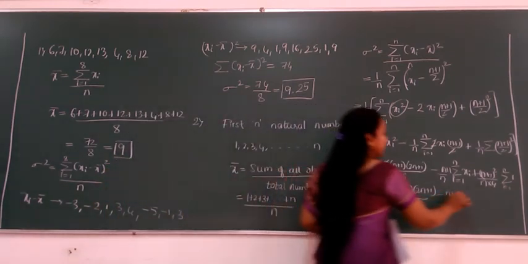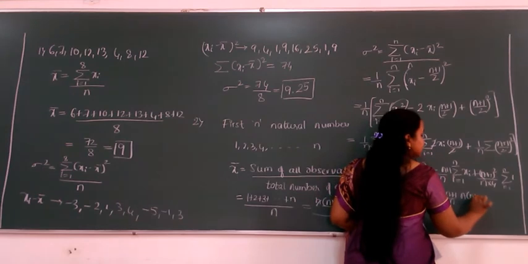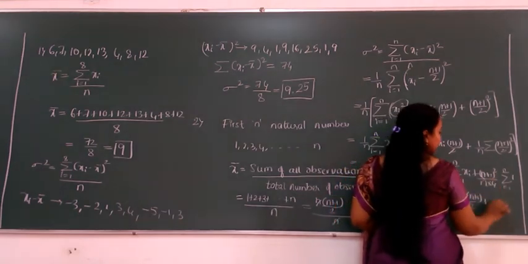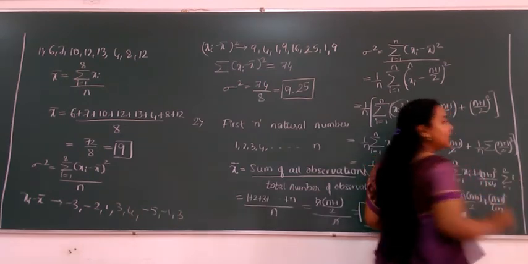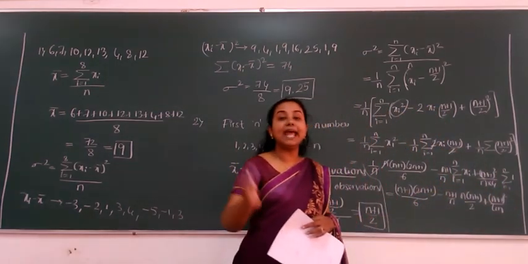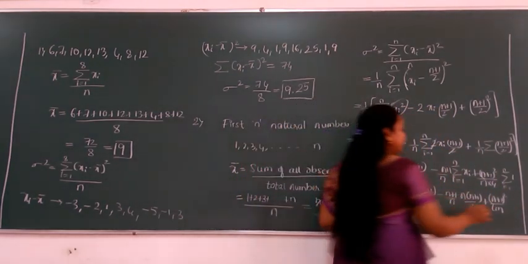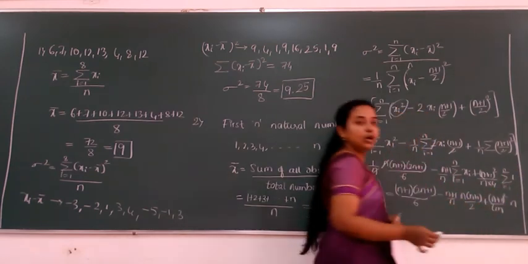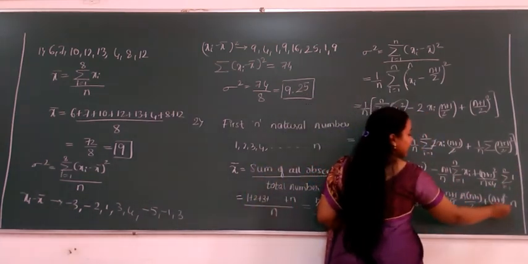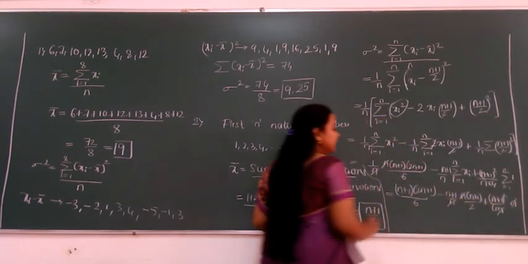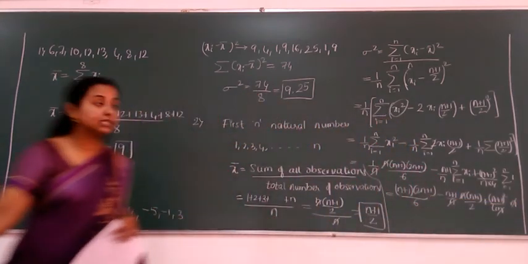It is n into n plus 1 by 2, plus n plus 1 whole square divided by 4n. When you add 1 plus 1 plus so on up till n terms, the sum will be n itself. So now here again n and n get cancelled, and we consider the remaining thing.